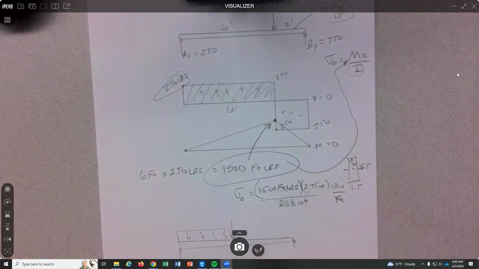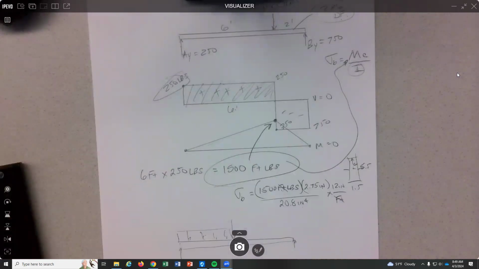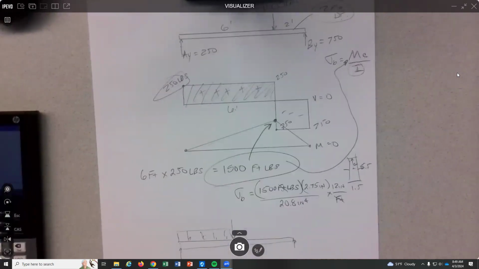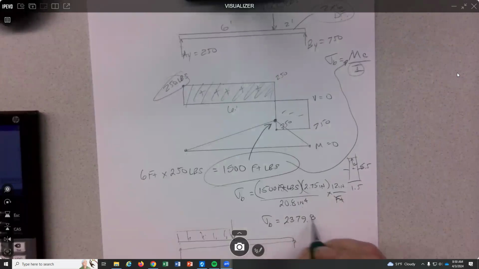So it's a factor of 12 up above. 2379.8 PSI.